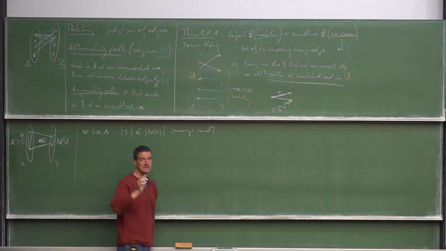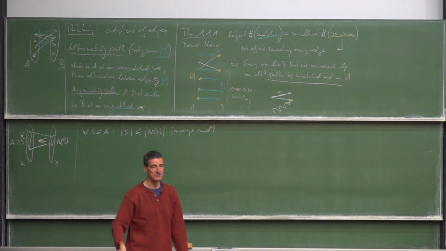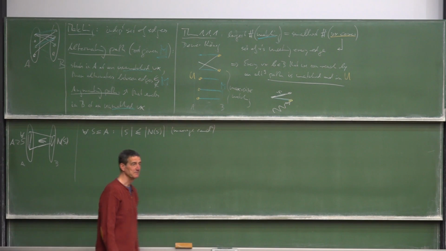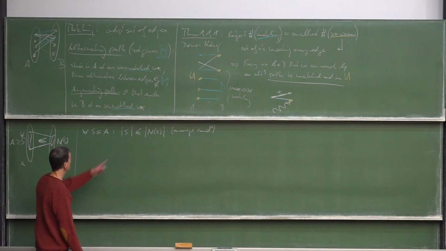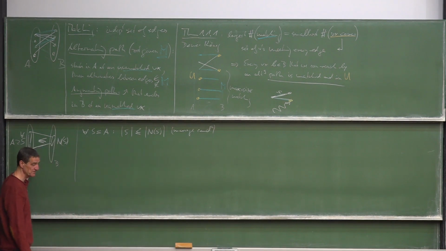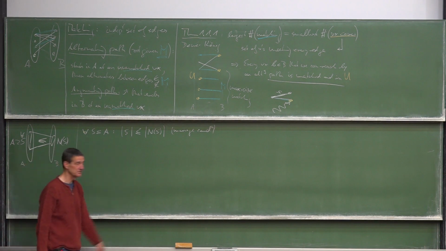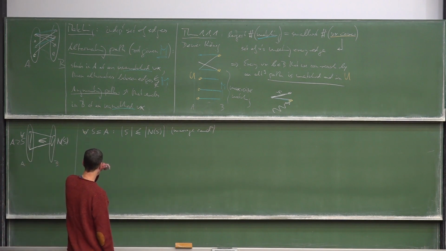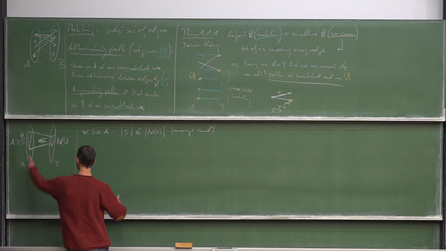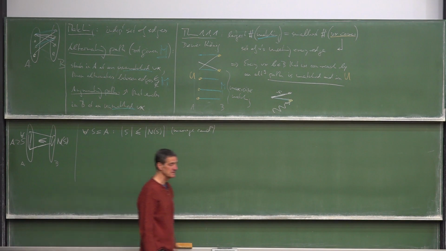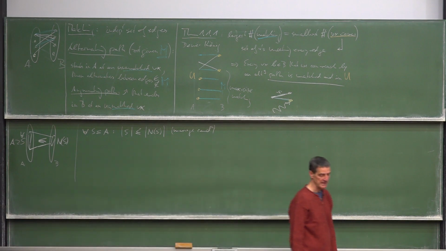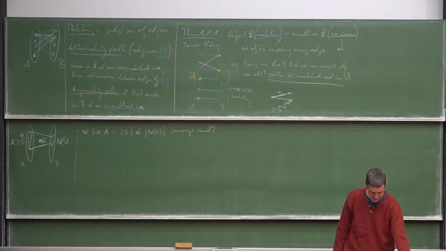Marriage, in case you don't know that word, is the old-fashioned word for matching. And so it answers the question of when all the boys can be married off to suitable girls. It's obviously necessary, so let me show you that it's also sufficient.